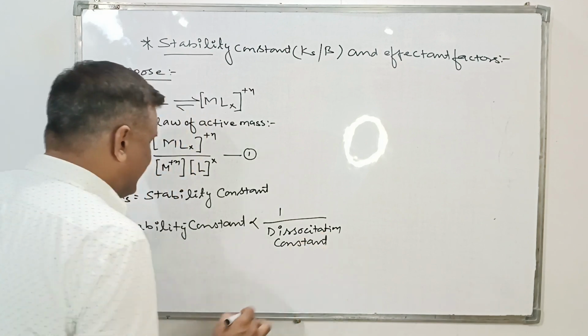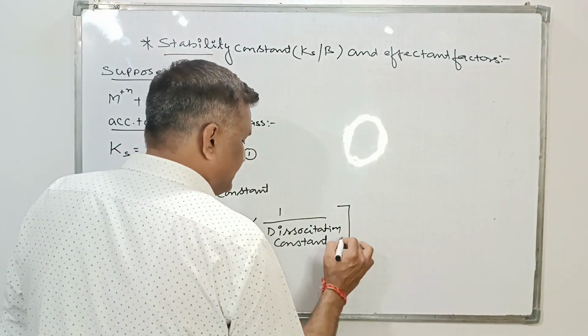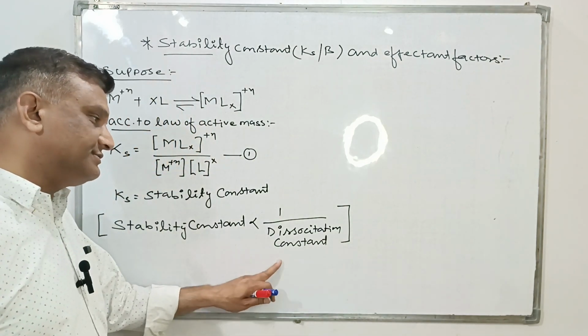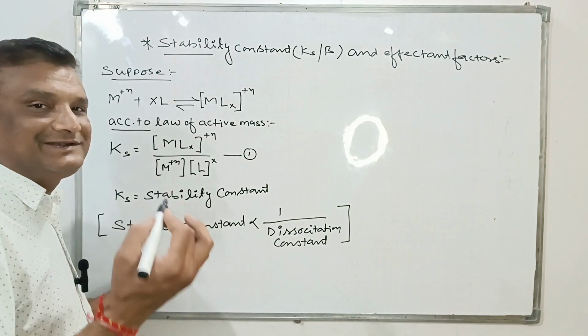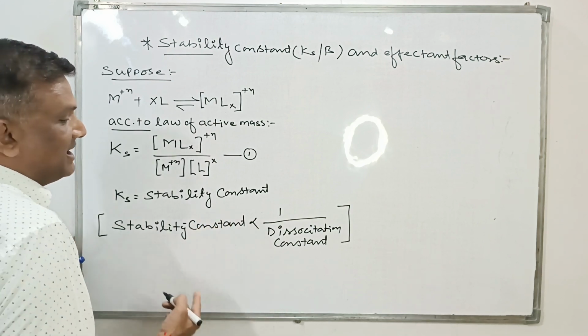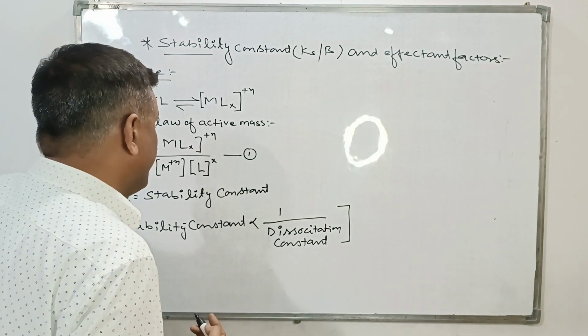If there is more value of stability constant, then there will be less value of dissociation constant, and if there is more value of dissociation constant, then less value of stability constant. So the stability of that compound will be lesser. If this value increases and that value decreases, then the stability of the complex compound will be more.